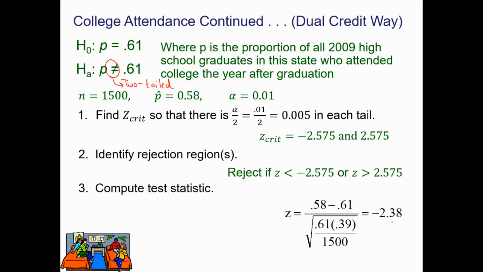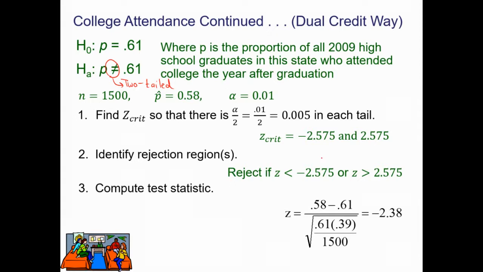So is negative 2.38 less than negative 2.575? No. Is it greater than 2.575? No. So does it fall in our region? No, it doesn't. It's not in the region, which means we don't make a touchdown.